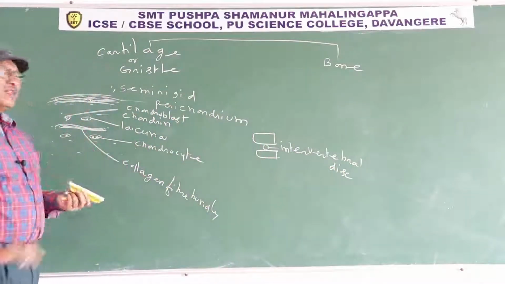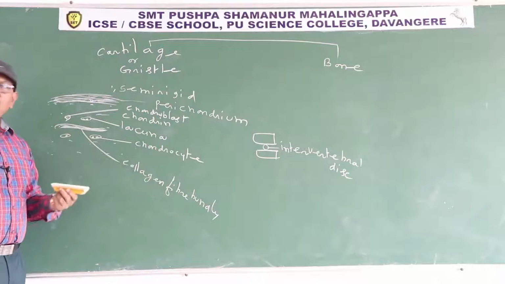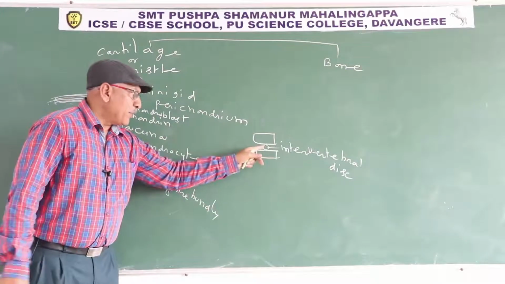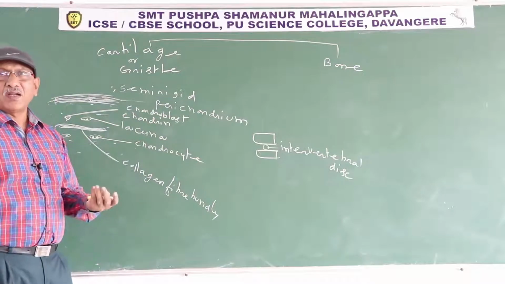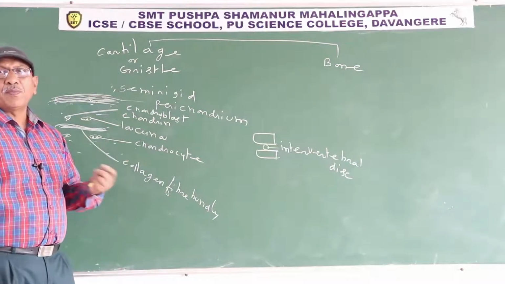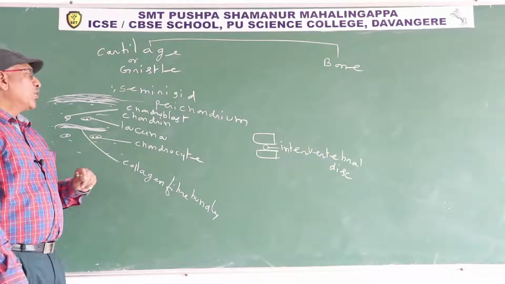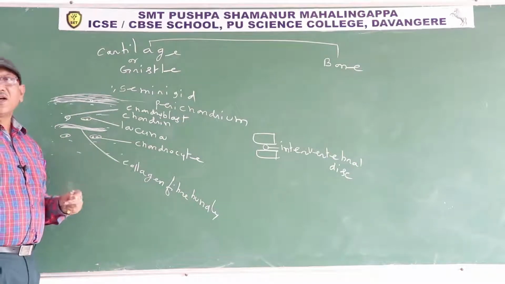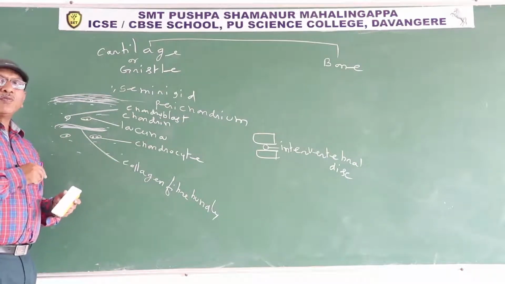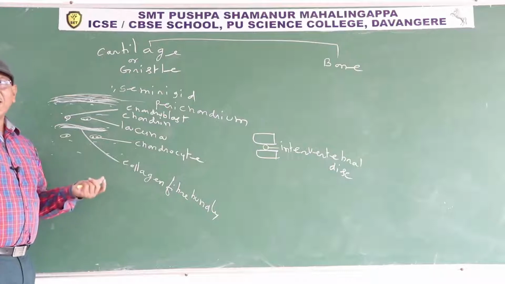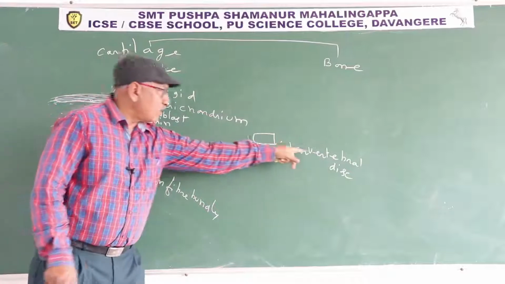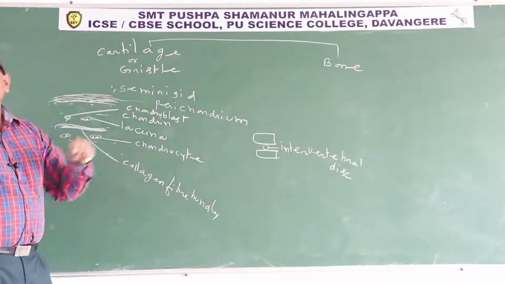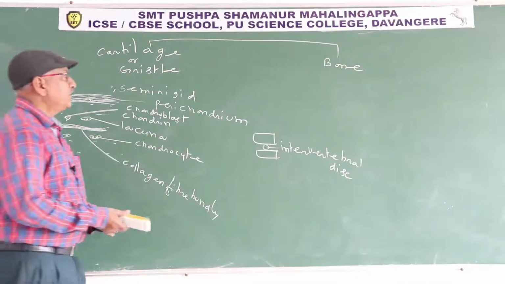For PU, it is enough. For competitive exams, we already discussed fibrous cartilage. Cartilage is classified into 3 types: hyaline cartilage, elastic cartilage, fibrous cartilage. In the textbook, examples of different cartilage are given: tip of the nose, hyaline cartilage; ear pinna, elastic cartilage; fibrous cartilage is present in the intervertebral discs.